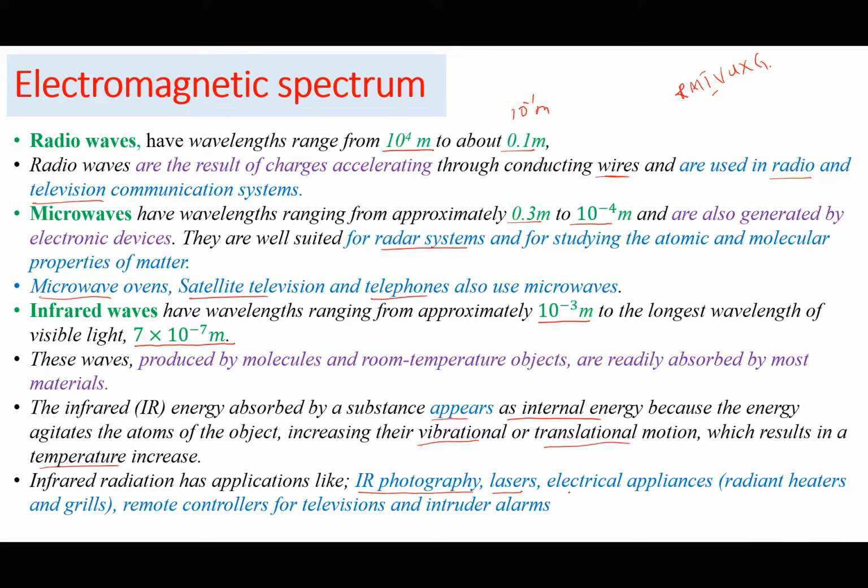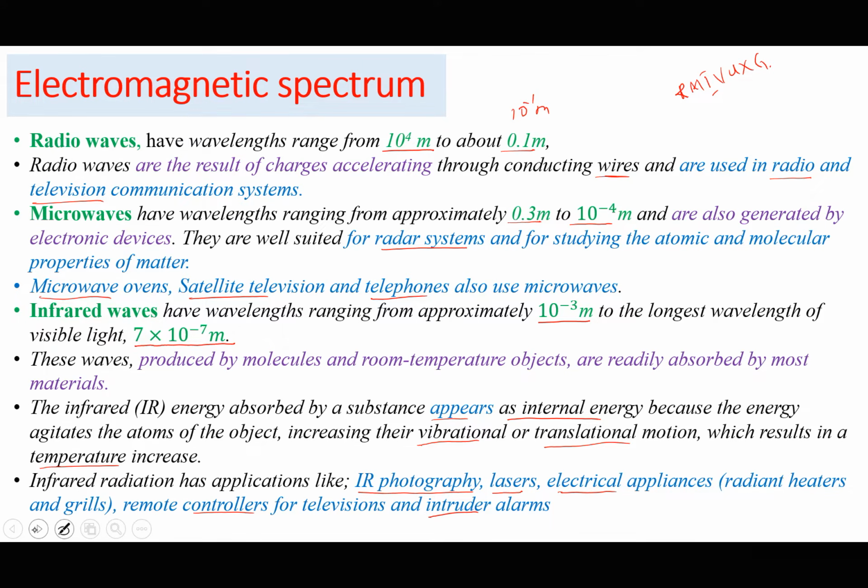Then we have electrical appliances such as heaters, radiant heaters, and grills. We have the remote controllers of televisions. We have intruder alarms. These all use infrared radiations. But like I said, applications may not be very important at this level because you explored them in IGCSE.